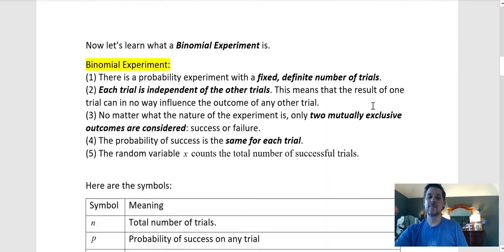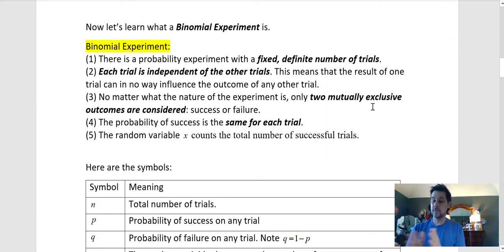Okay, now, here's where the new topic starts. We need to learn what a binomial experiment is. And it will probably seem like a lot of information to take in at first, but we'll go through it in description and then some examples. Okay, so with a binomial experiment, it starts with a probability experiment.